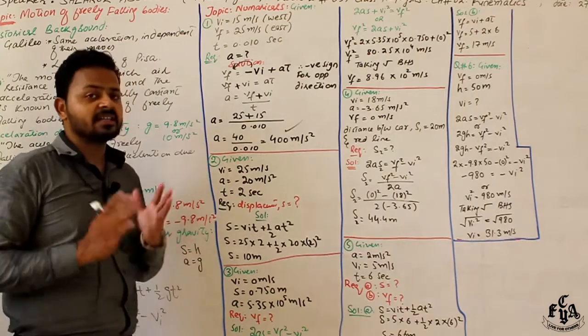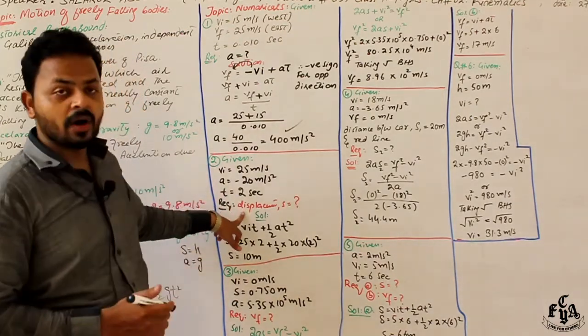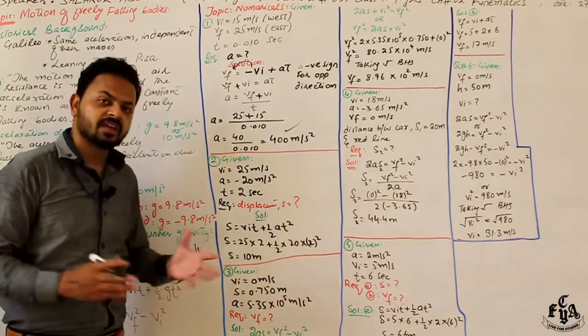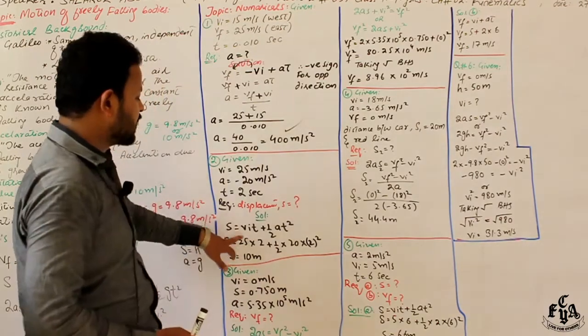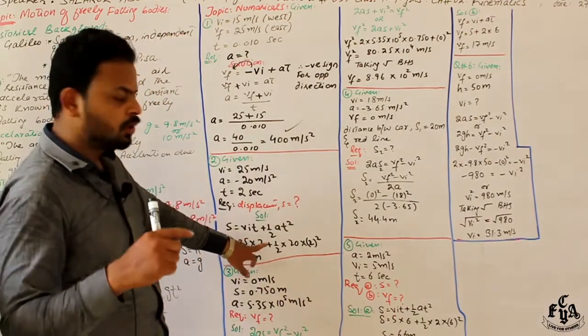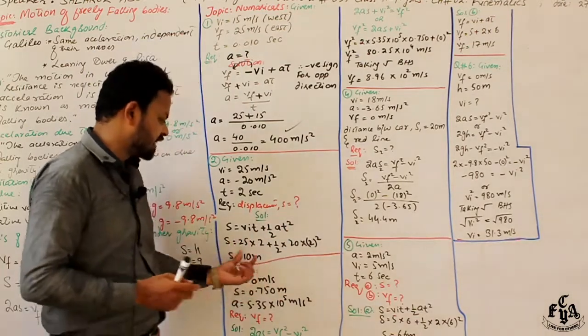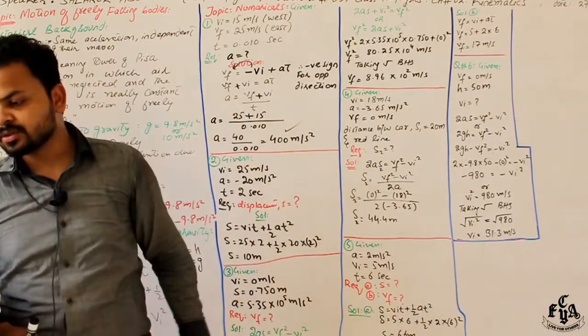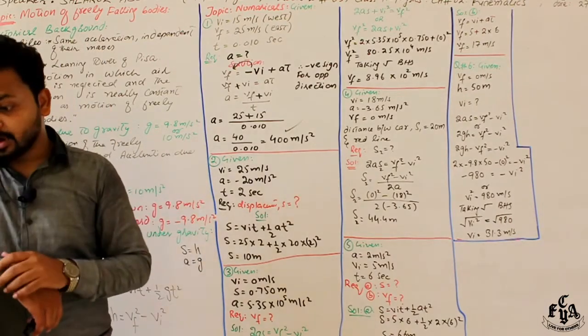Okay, what is required? Displacement is required. Just by using the second equation of motion we can have the result. Look, s is equal to Vit plus half at square. Just by putting the values, Vi value 25, t value is 2, plus 1 by 2, a value is 20, t value is 2 square, and you will get a result of 10 meters, right? Which is the required displacement covered by the golf ball, right?